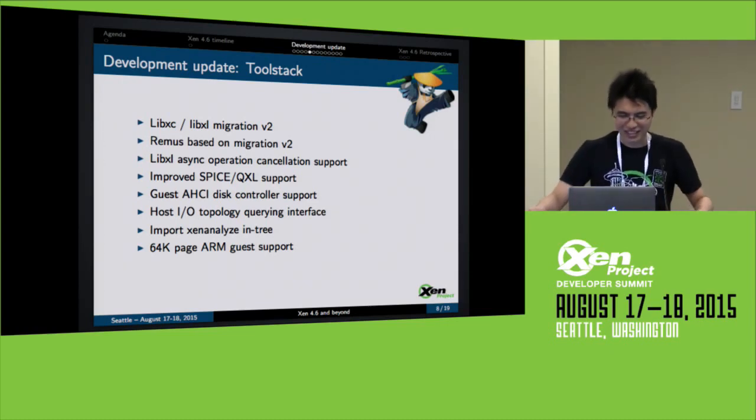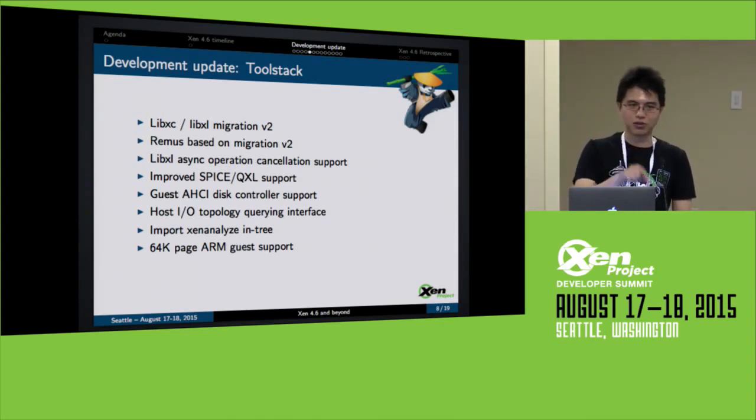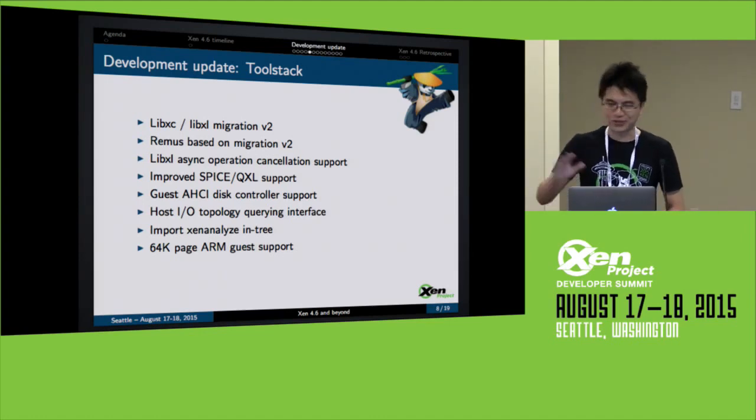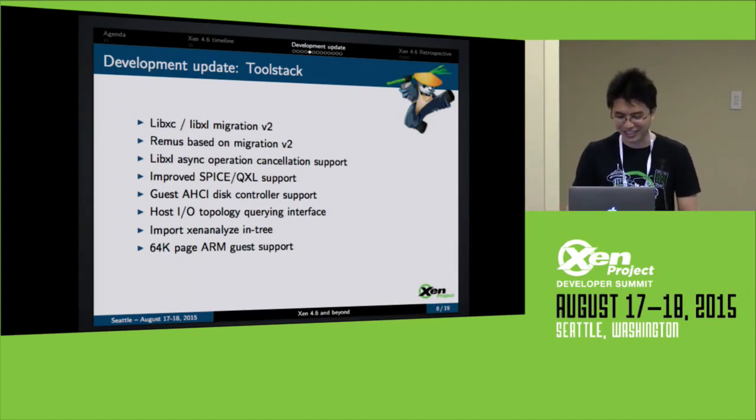And then libxl now supports asynchronous operation cancellation, which means you can cancel long-running operations, which is useful for some high-level toolstacks, which might want to have rigid control of time and resources. And then there are other miscellaneous improvements such as Spice QXL support, HCI DEX support. I won't just read the list, you've already seen that.